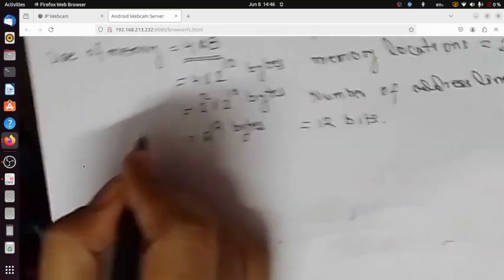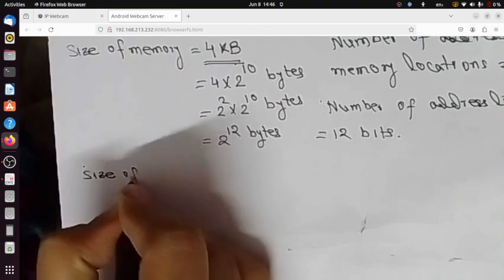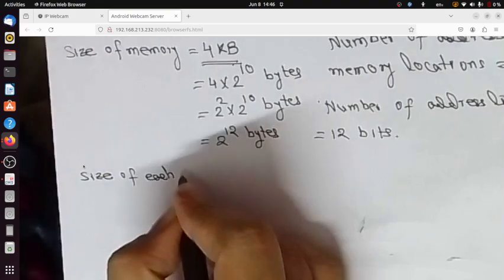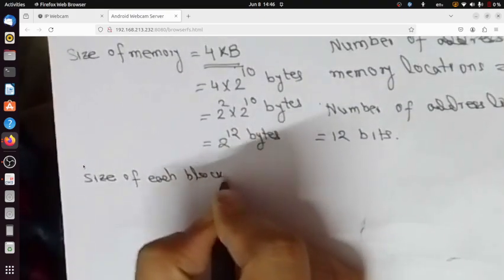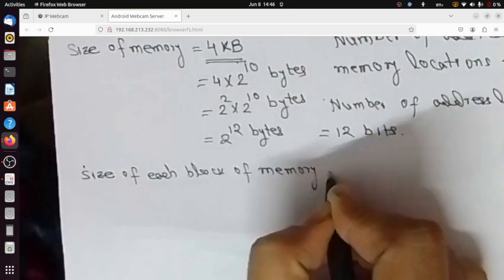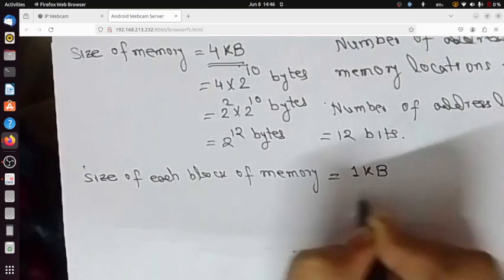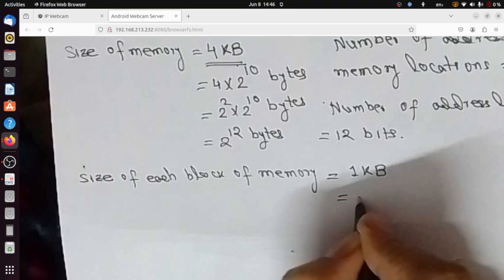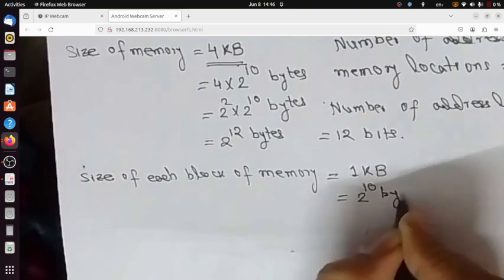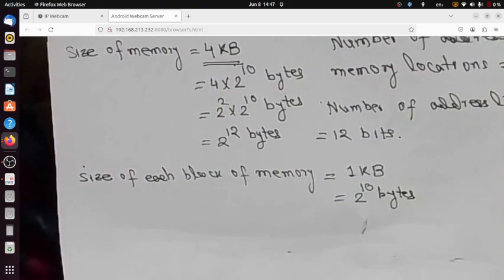So the size of each block of memory equals 1 KB, that means 1K bytes. So 1K means 2 to the power 10 bytes. That is the size of a memory block, and 4 such blocks will be required to implement the 4 KB memory in total.